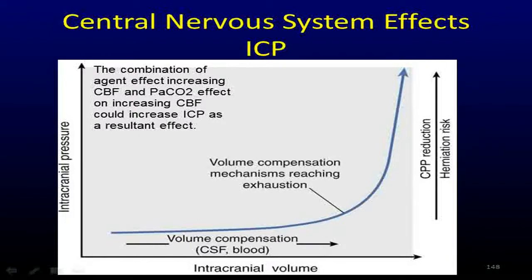And I added this slide juxtaposed to the last slide to illustrate the effects of increasing cerebral blood flow. If I keep pushing blood into the brain, it's going to get to a point where my ICP is going to start rising. And then at that point, the brain is either going to herniate down through the foramen magnum, or you're going to compress it and have a lateral shift one way or the other. It's just going to be bad for patients. So we want to control CO2.